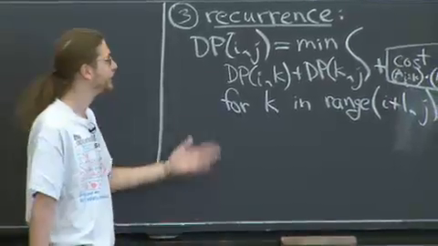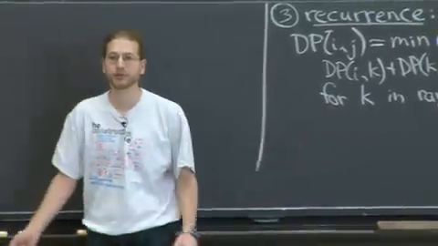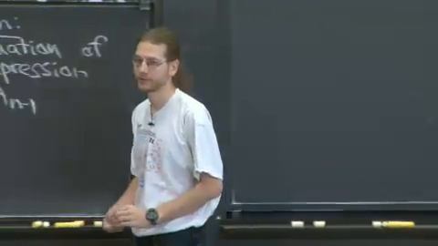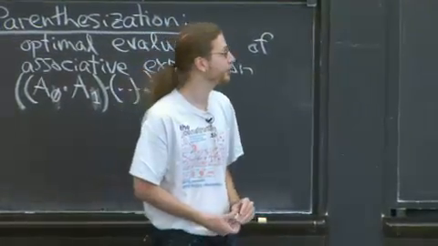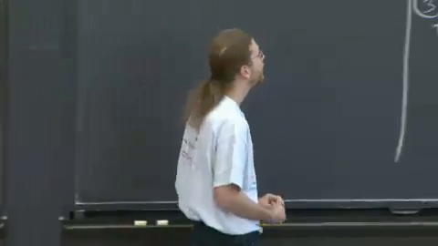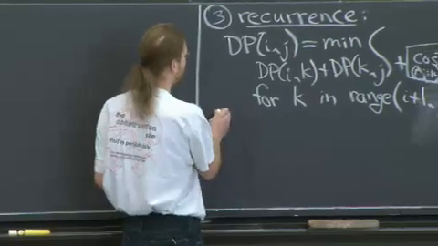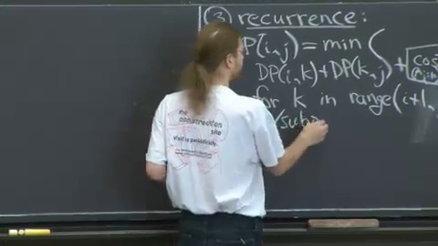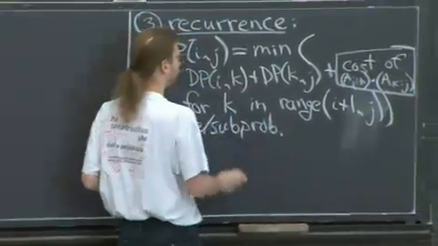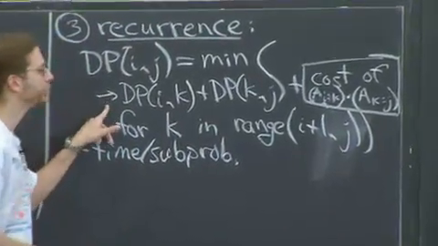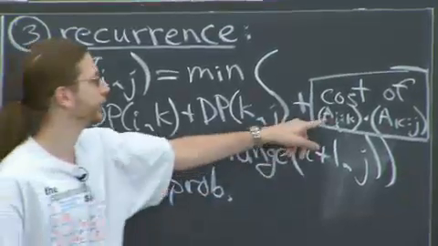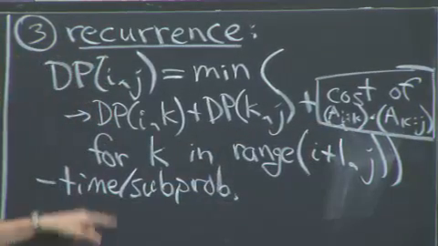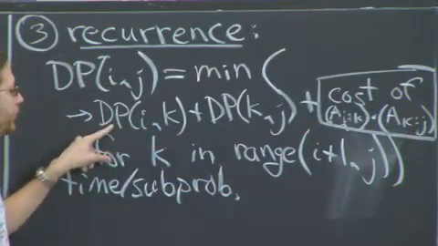This is magically considering all possible parenthesizations of these matrices. But magically, it does it in polynomial time because of the time per subproblem here. We're spending constant time for each iteration of this for loop, because this is constant time just computing the cost. These are free recursive calls.